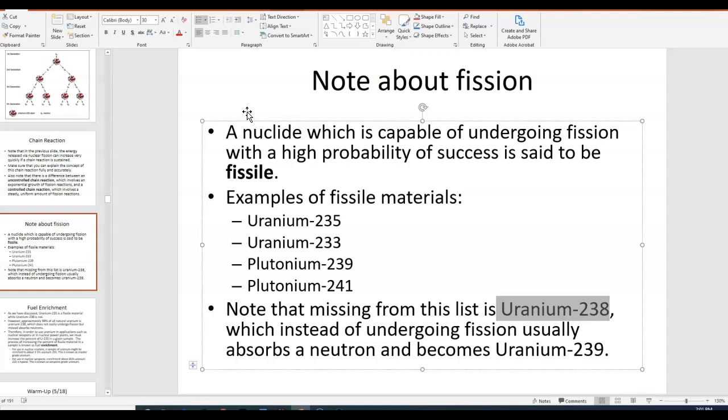It becomes uranium-239, which is radioactive and decays into neptunium, and neptunium also decays into plutonium. So you can create plutonium by bombarding uranium-238 with neutrons.